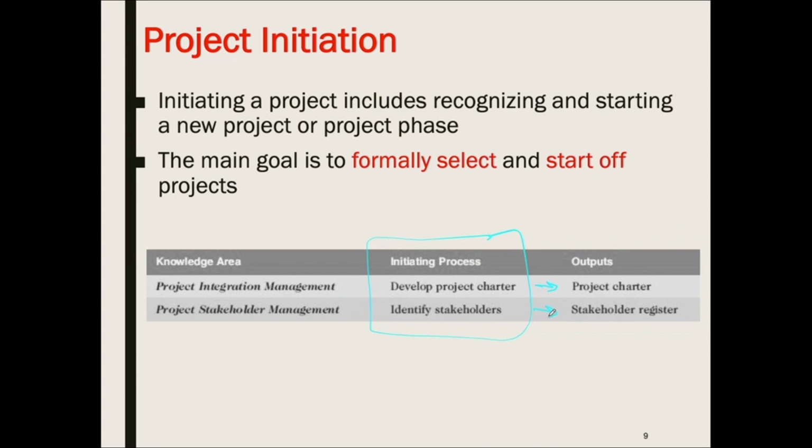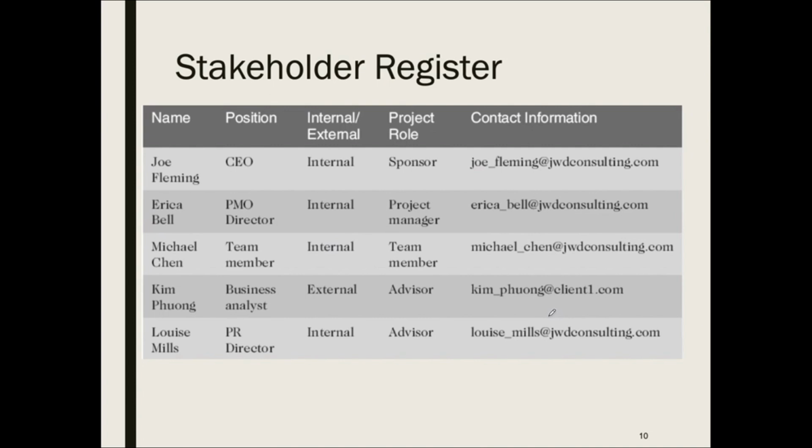We will explain it later in the next chapter. Okay, what is it that we have to include in the project charter? So this is the initiation, it's the formal start of the project.